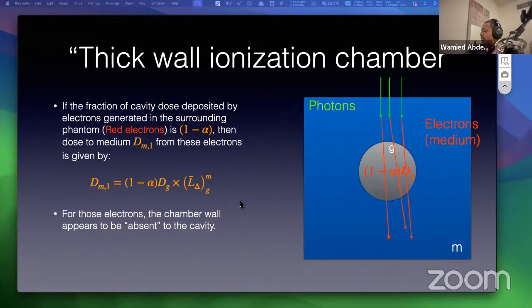For these electrons, the wall is absent. The cavity sees these electrons coming from the medium as if the wall is not present.